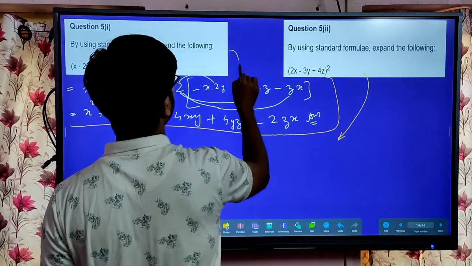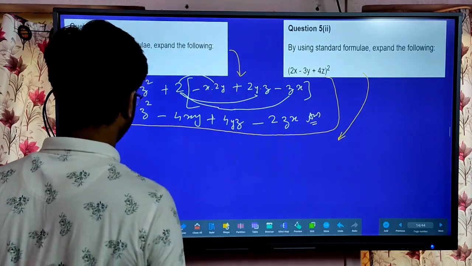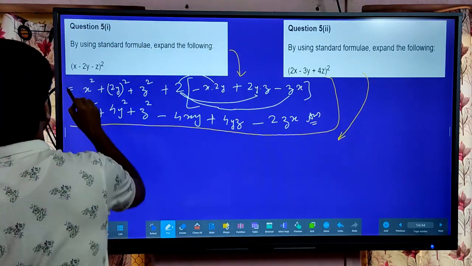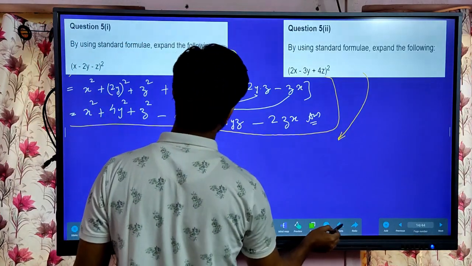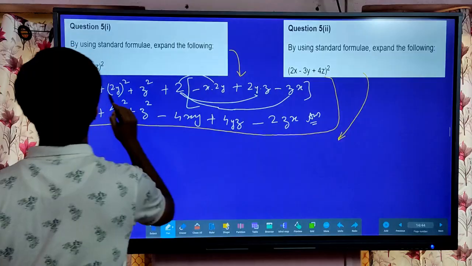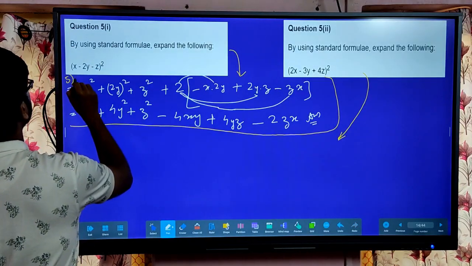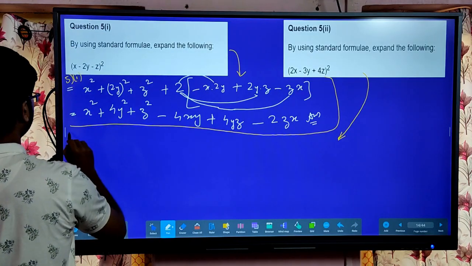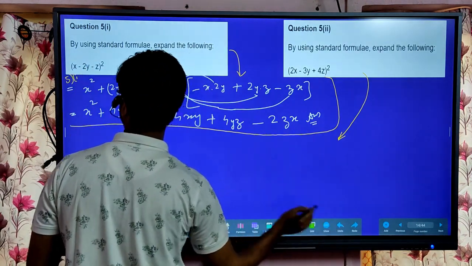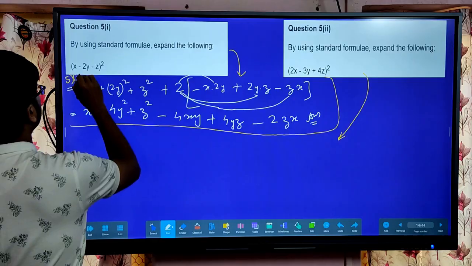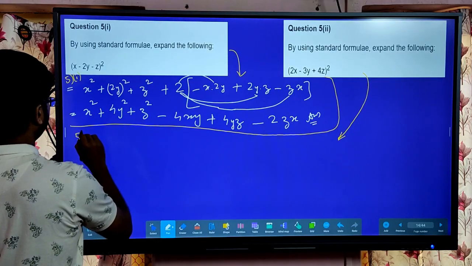Okay, this is the first question. Second question is below. This is 5, this is 5 1. This is question number 5 part 2.